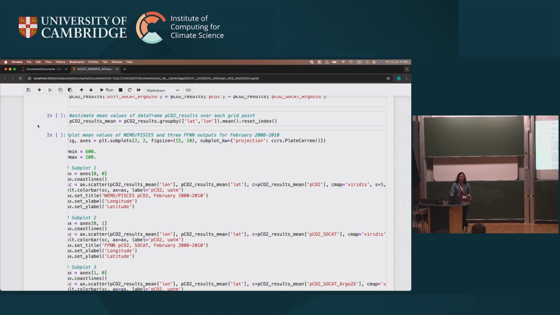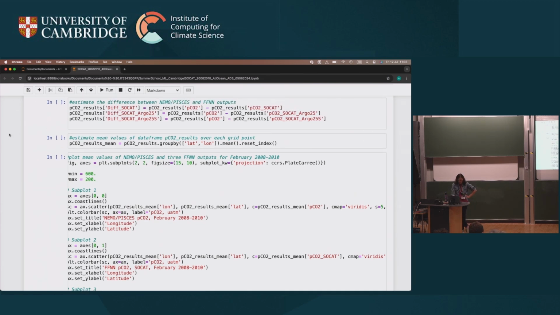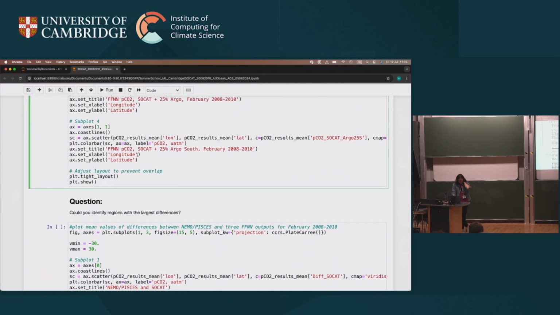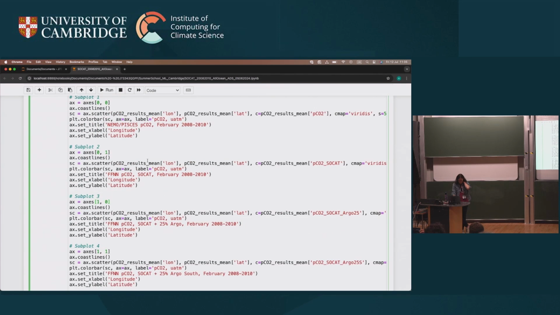All the data are in the same data frame, so you have your pCO2 values and the difference with the NEMO PISCES model. If you run this cell, it will plot the mean value. The first map is the mean pCO2 from NEMO PISCES, and the other three are what was reconstructed for the three different data sets.